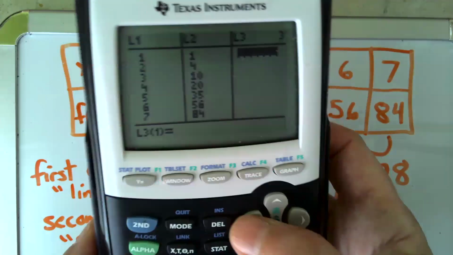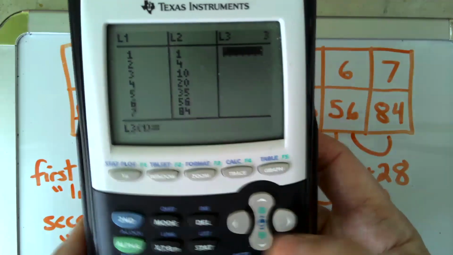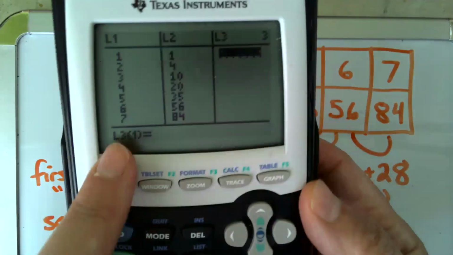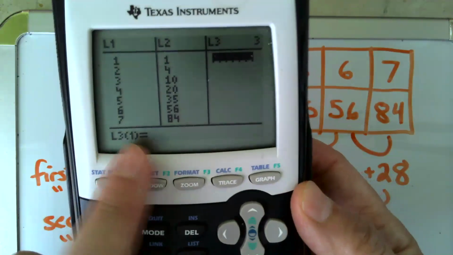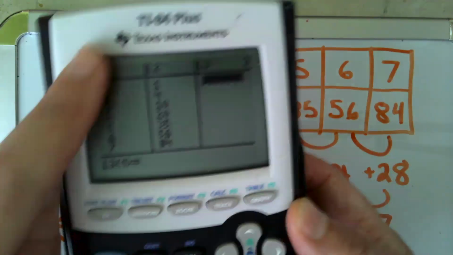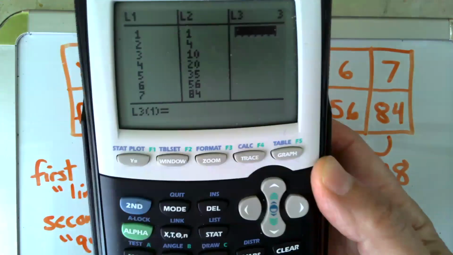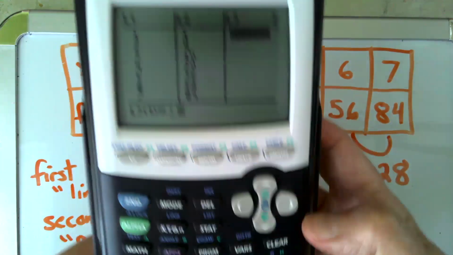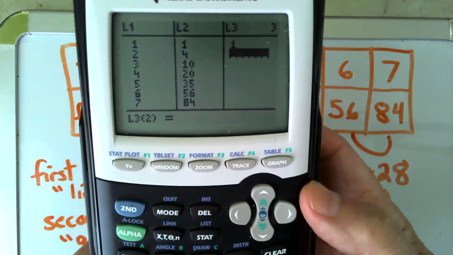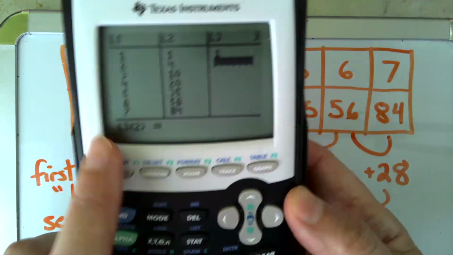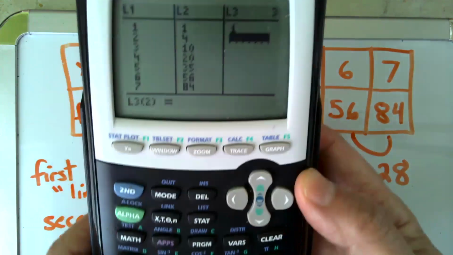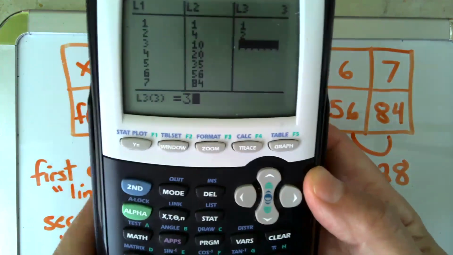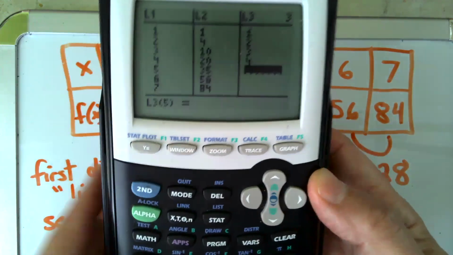You toggle back and forth to the list you want, and then it gives you the option, list 3, item 1 equals. So let's say I want to enter this group of things. I would press 1, enter, and it would put it as list 3, item 1, list 3, item 2, 2, enter, 3, enter, 4, enter, etc.